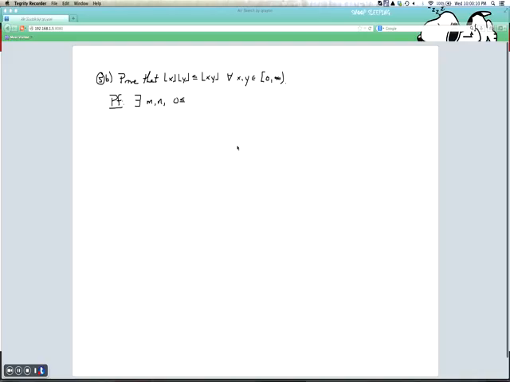There exist m and n between 0 and 1, possibly 0, such that x is the floor of x plus m and y is the floor of y plus n.